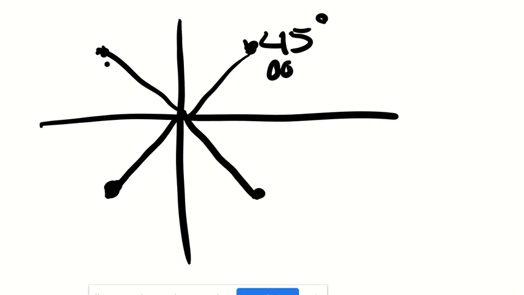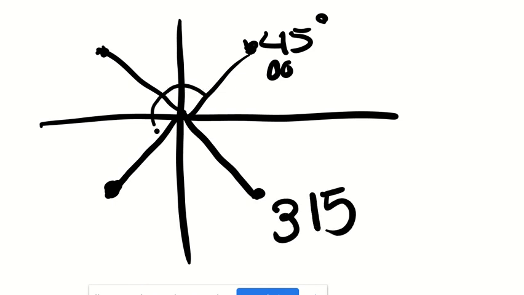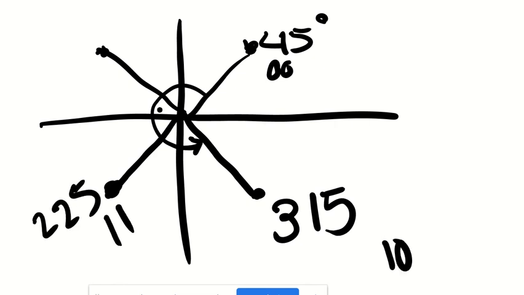So I have 45. I said 315, which is from here to here. I assigned 1, 0 to it. For 1, 1, I have 225, which is this angle. And for 0, 1, I have 135 degrees.